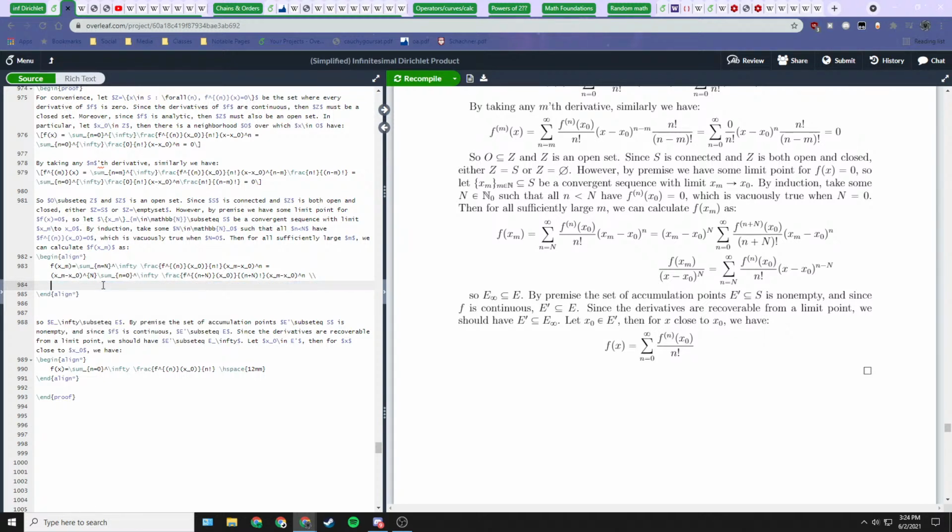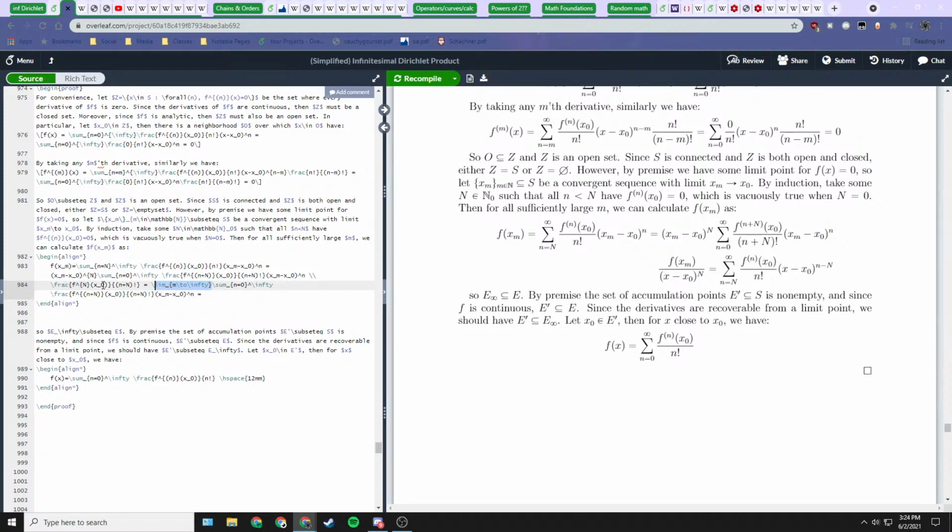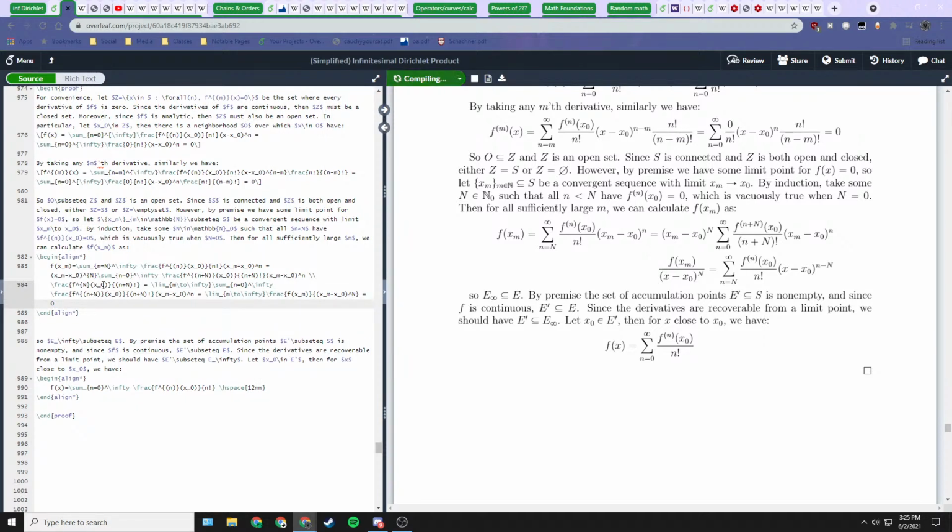Now we have the nth derivative of f at x0, and we can actually say the nth derivative at x0 over (n plus N) factorial is just equal to this limit as m goes to infinity of this power series, which is actually just this limit of the fraction f of x_m over (x_m minus x0) to the power of n, which is 0. Okay, there we go. That's what I wanted to do.